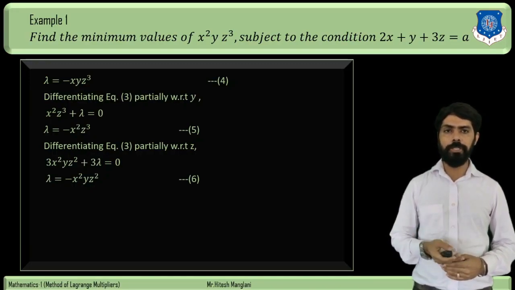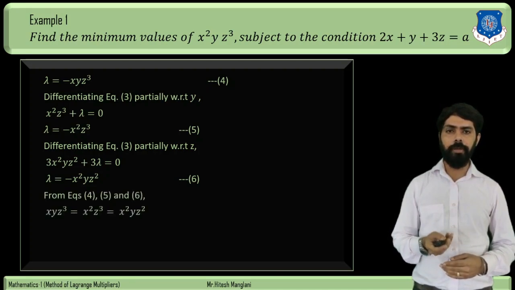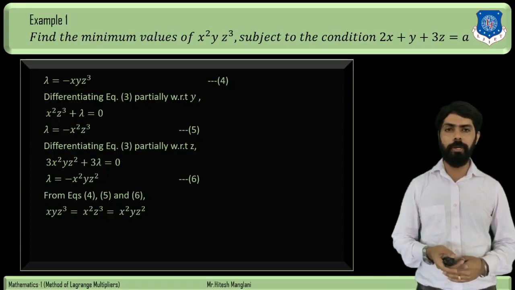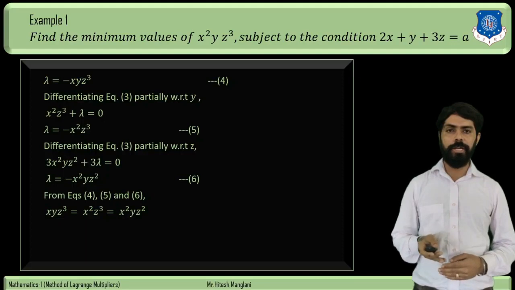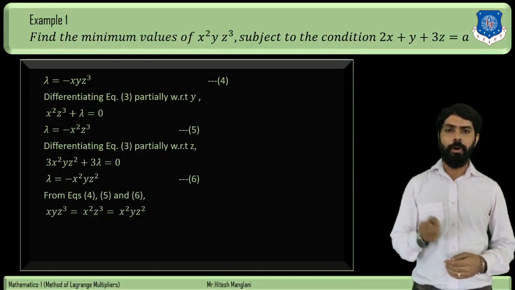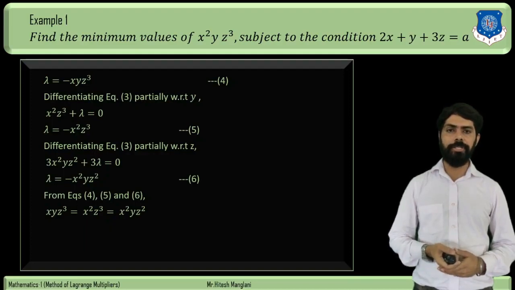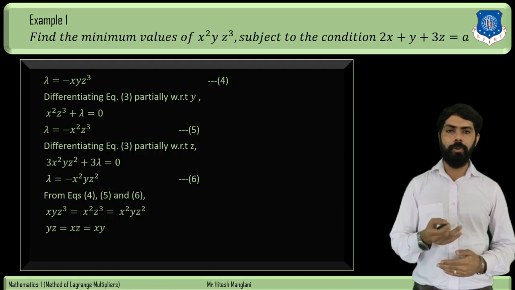Now from equations 4, 5 and 6 we can say that xyz cube is equal to x square z cube is equal to x square y z square, because as you can see that on the left hand side it is lambda, so these all are same. Now dividing this result by xz square, then it will be yz is equal to xz is equal to xy.